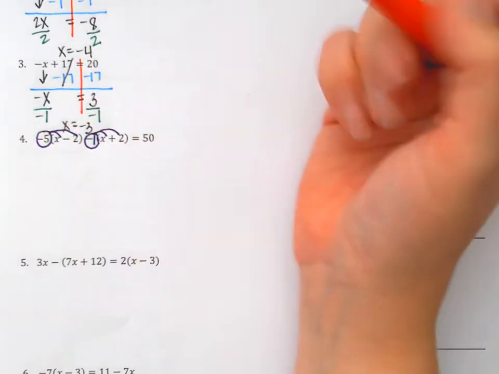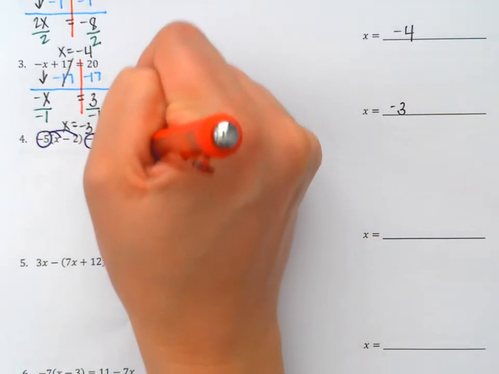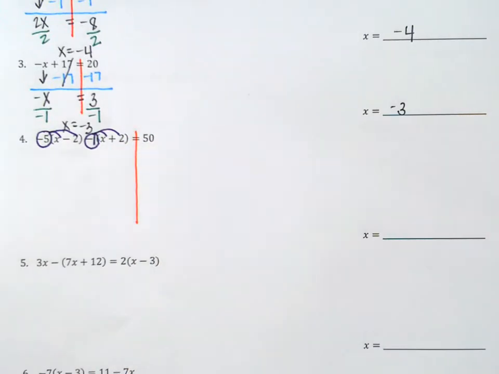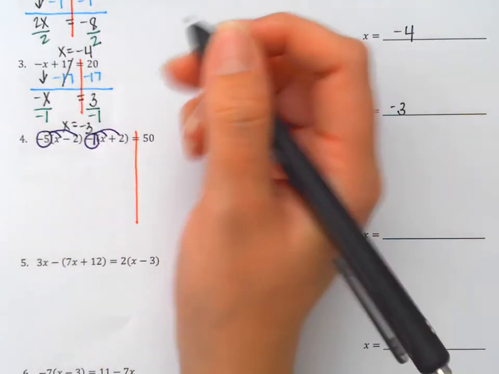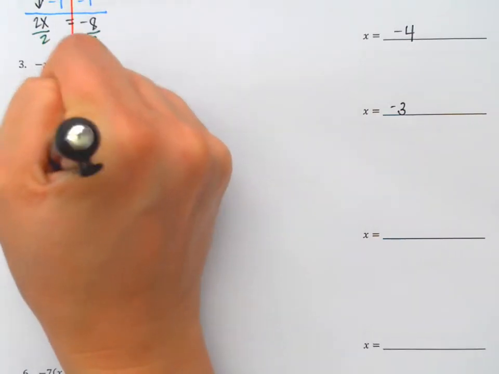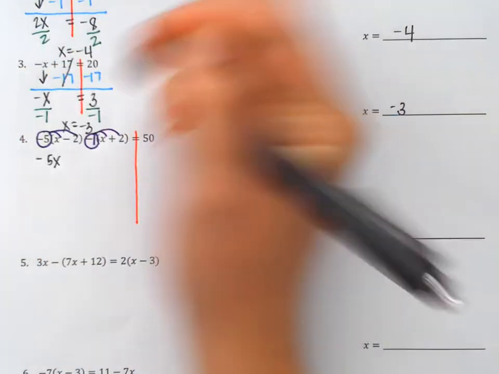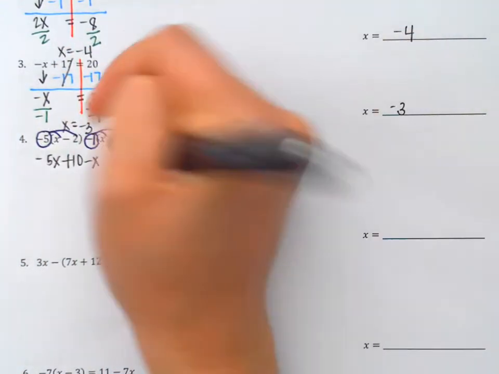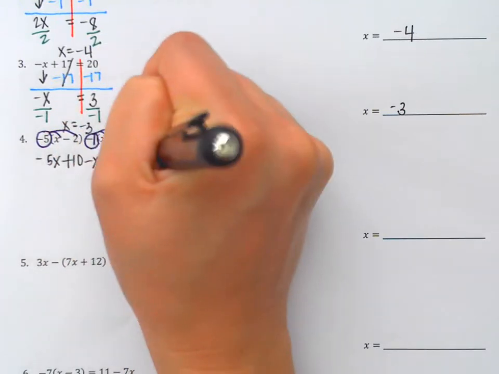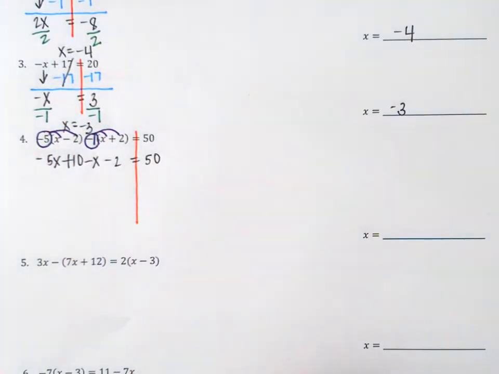If you need to put your line down the center, put your line down the equal sign. So negative 5 times x, so we have negative 5x. Negative 5 times negative 2 is positive 10. Negative 1 times x is negative x, and negative 1 times 2 is negative 2, equals 50.